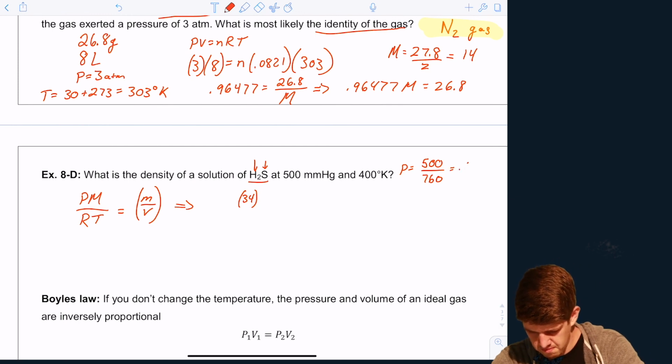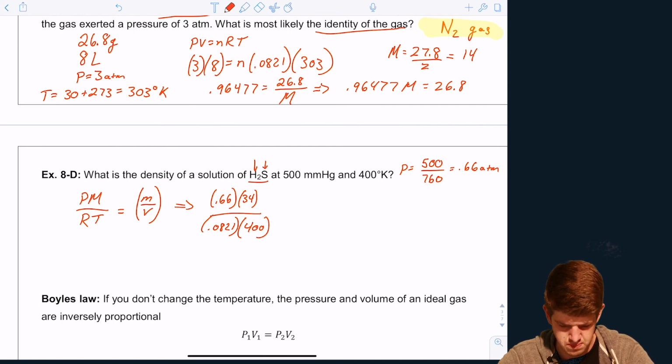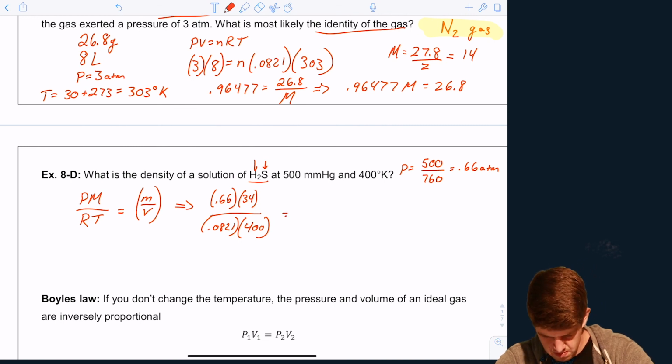That's 0.66, divided by 0.0821 and 400 degrees Kelvin. So 0.68 is equal to our density.